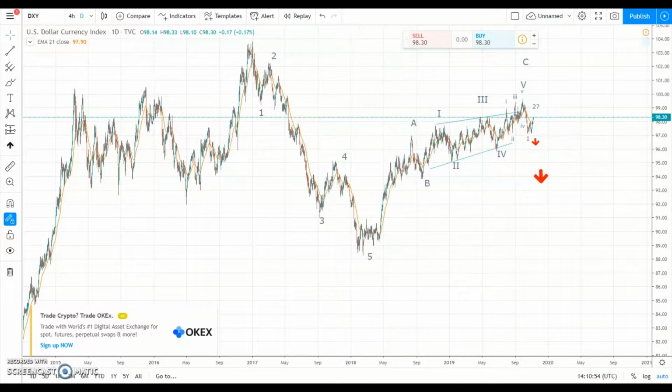In December 2016, the price started coming down, and it came down in 1, 2, 3, 4, 5. And I guarantee you that at this point in time, in February 2018, people were probably panicking and saying, okay, the dollar is going to collapse and this and that.